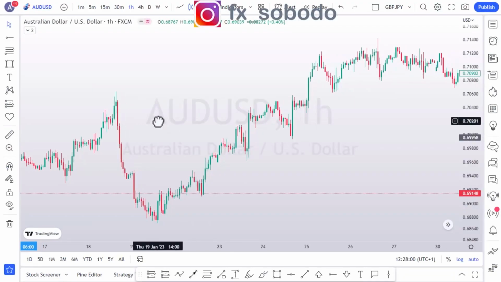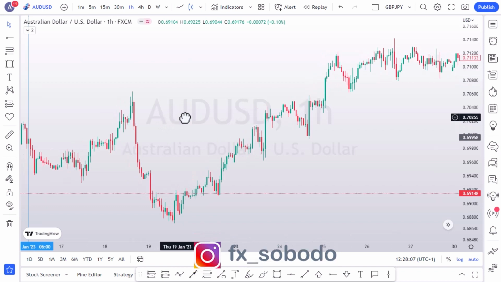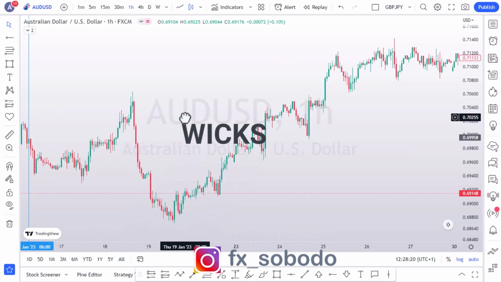So now be attentive. Here is the updated support and resistance. To my own experience, the way I draw my support and resistance, I look at the wicks in the market.